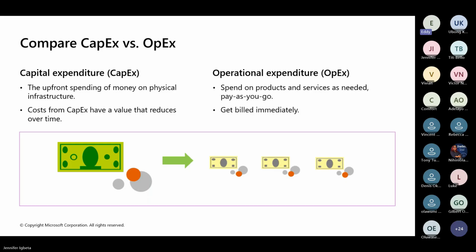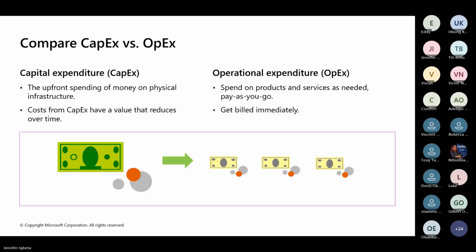I think on my end, it's the other way around. Because when you talk about the private cloud, you have full control of the maintenance, the server, each and everything. So I think it falls under the operational expenditure because you get billed immediately. You're paying for what you're using basically.